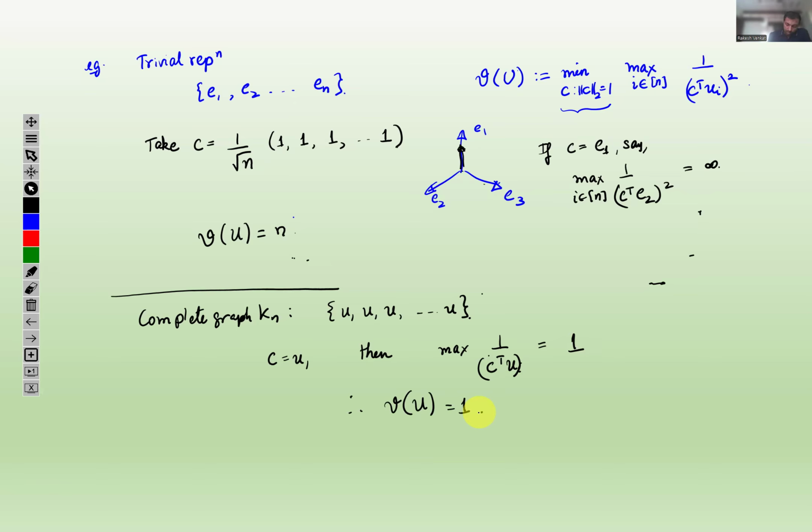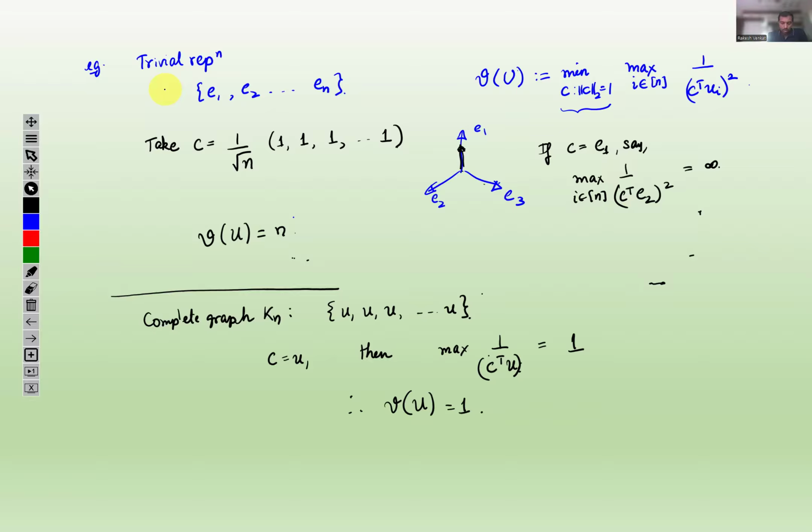Oh, sorry, this should be for the disconnected graph. Yeah, I keep messing up my E and E bar. No, this is fine. This is for the complete graph. Yeah, this is for Kn. The question was, is it for the complete graph or totally disconnected graph? This is a representation for the disconnected graph because the fewer connections a graph has, the more constraints it has.